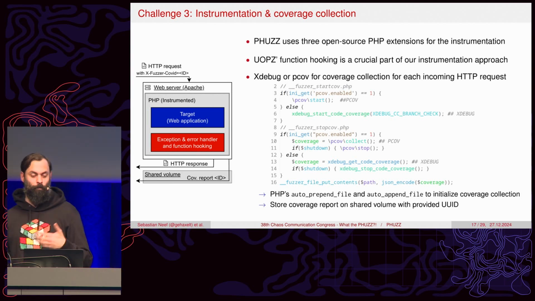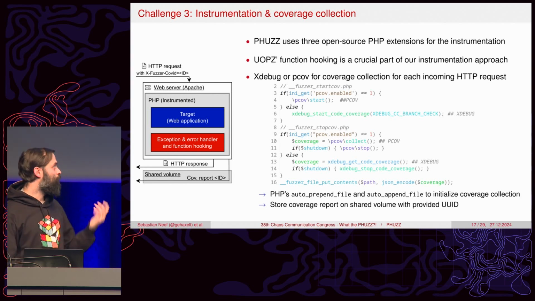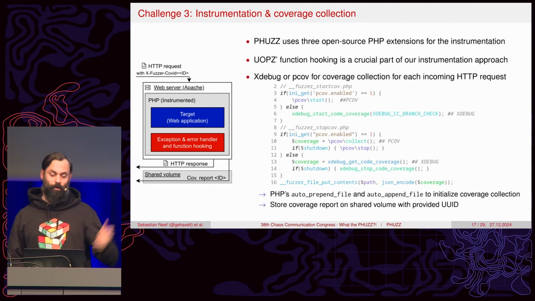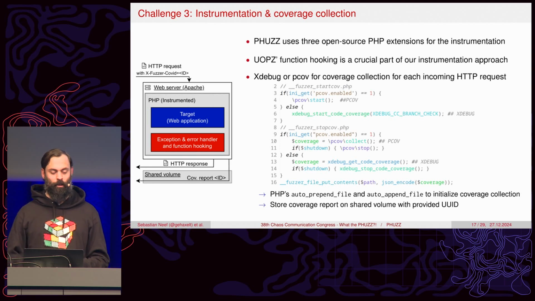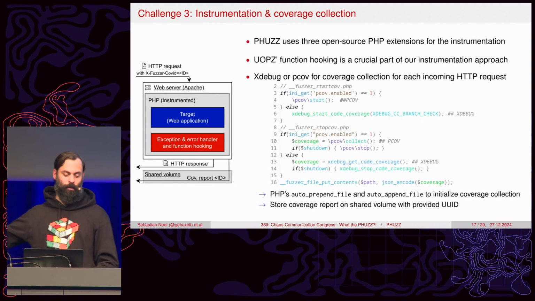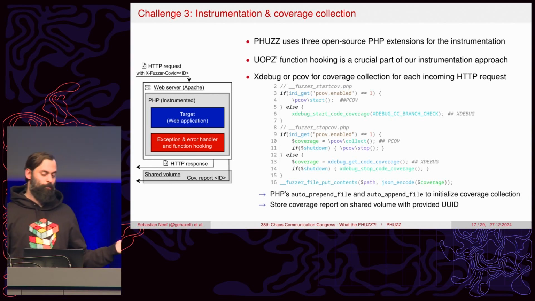PCOV is claimed to be a bit more performant and faster than Xdebug, but we decided to just cover both of them. They will start the collection of the different executed functions and then in the end also stop collecting them, writing the resulting JSON file to the shared volume to make it accessible to the fuzzer.